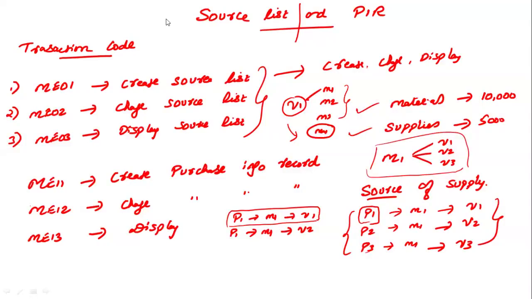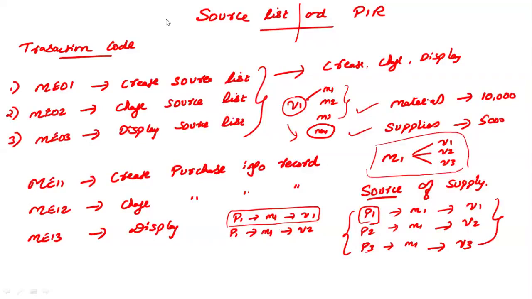Hi Venkatesh, I have a question. What criteria do we follow to select a vendor for a particular material? For example, one material is supplied by different vendors, but what criteria will the SAP system follow to select? That depends on the negotiation.